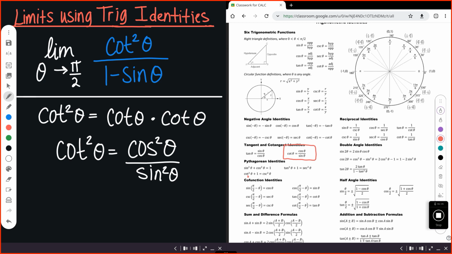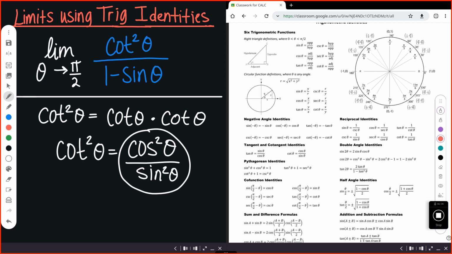And if cotangent theta equals cosine over sine, then we can just multiply it, or square it.